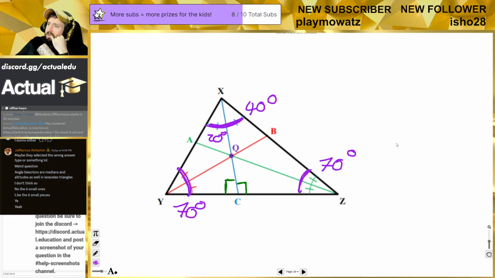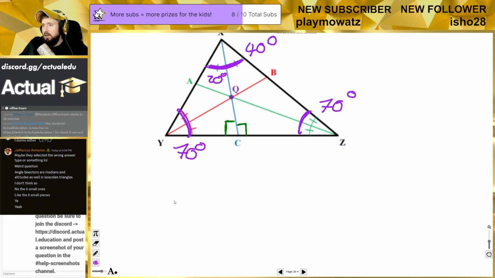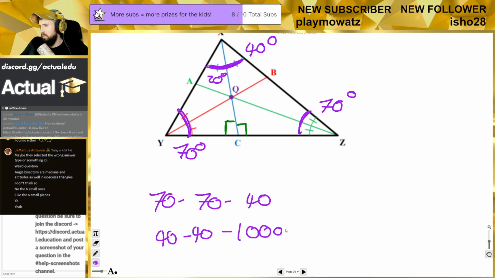Okay, so here's what you can have, right? You can either have a 70, 70, 40, or a 40, 40, 100, I believe, right? So these are your 2 answers. You can either have 70 be the biggest or 100 be the biggest, right?